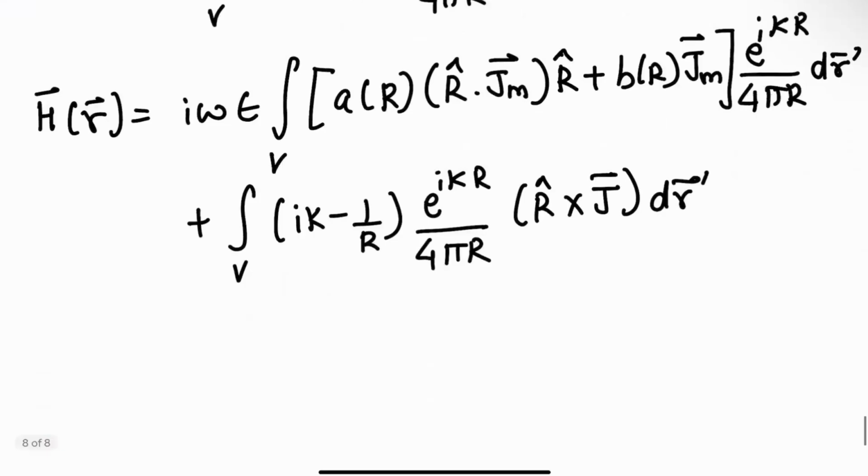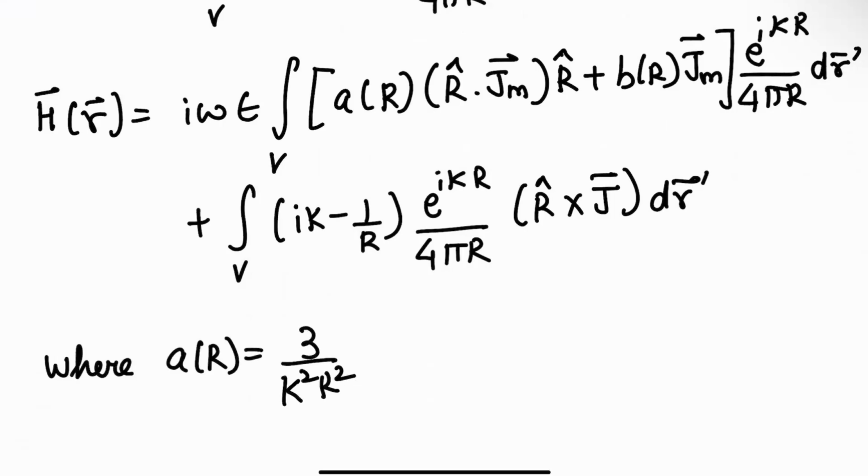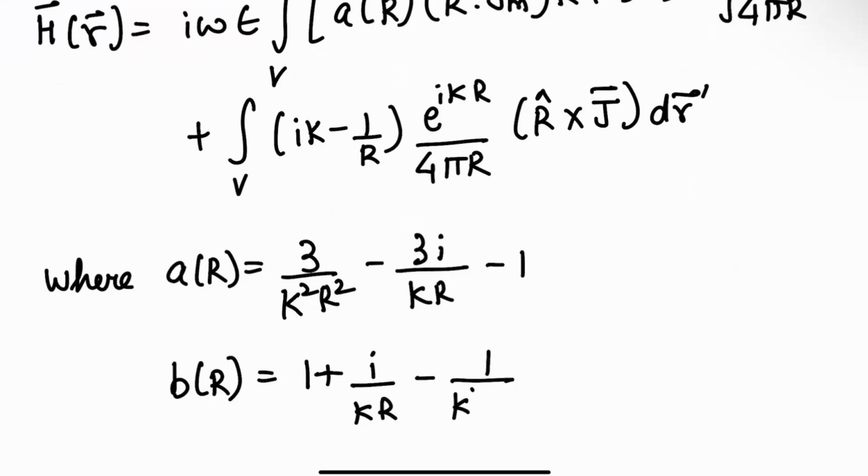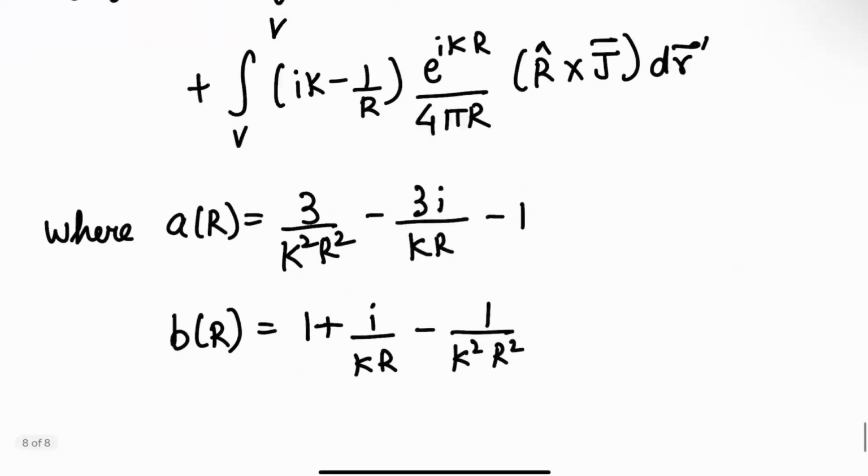Okay, where A(r) is 3 over k²r² minus 3i over kr minus 1. B(r) is 1 plus i over kr minus 1 over k²r².